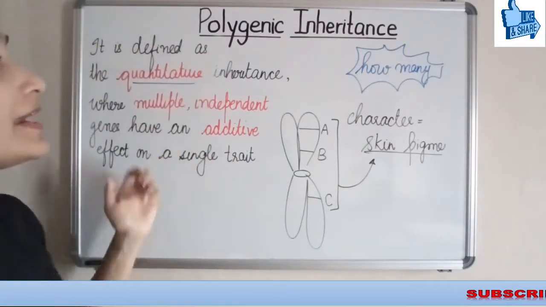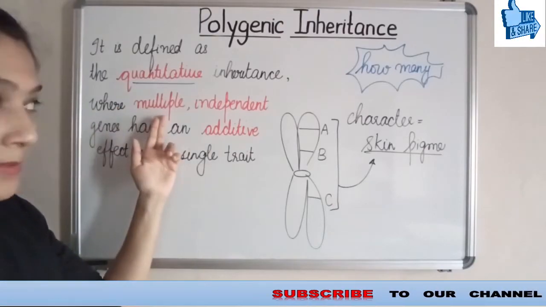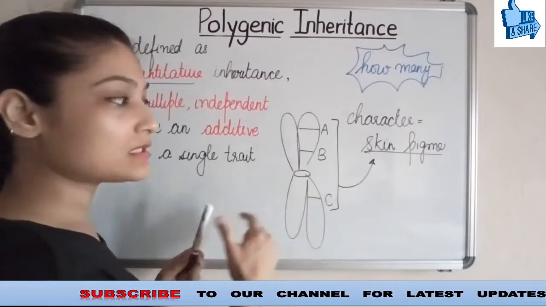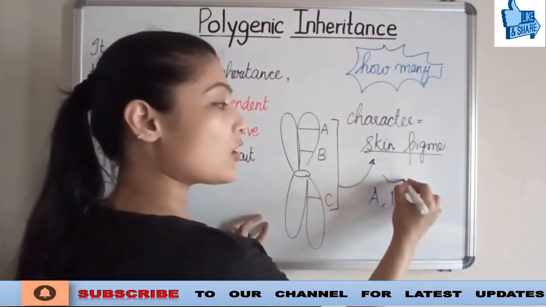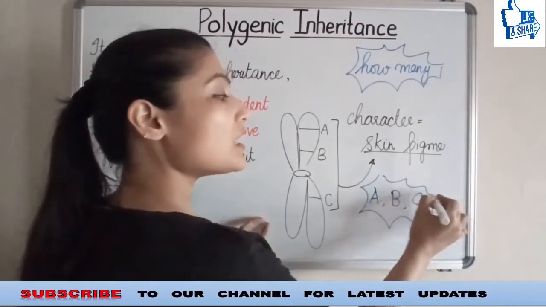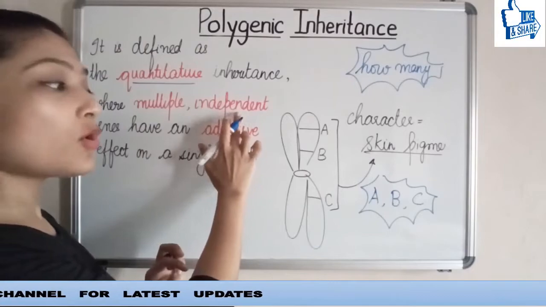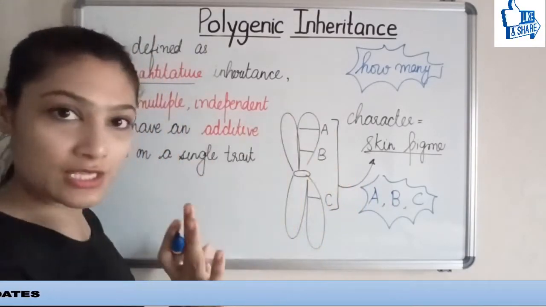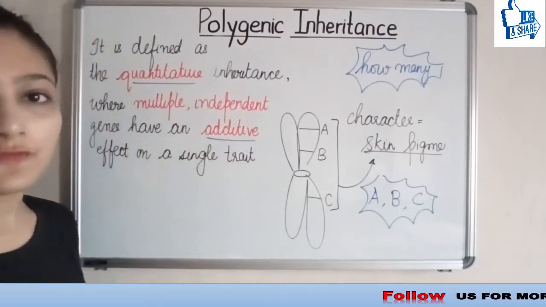So it is defined as the quantitative inheritance where multiple independent genes are there, say the genes A, B and C. These three genes are present for a character, and they are also independent. They are present independently of each other and have an additive effect.